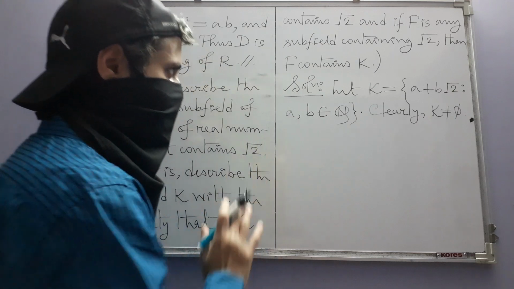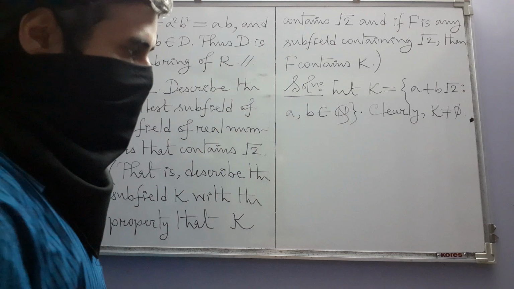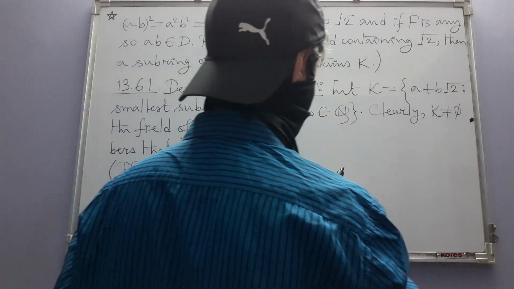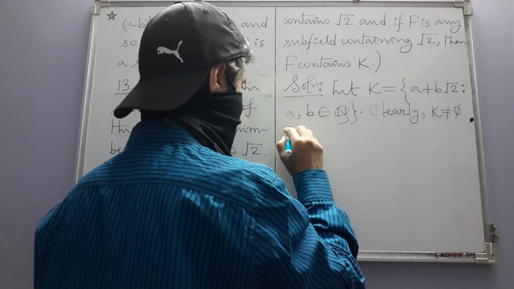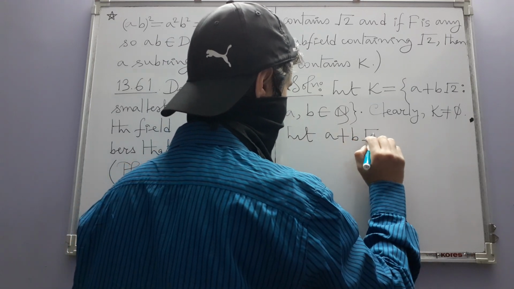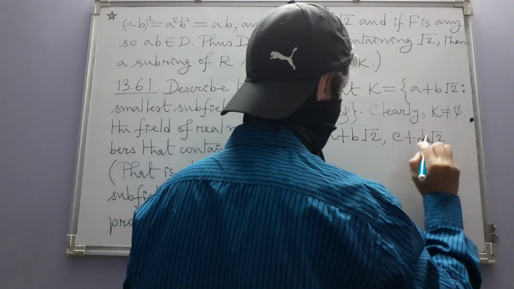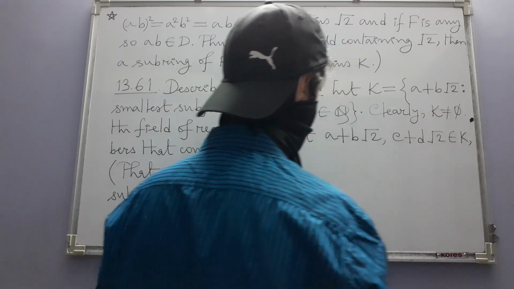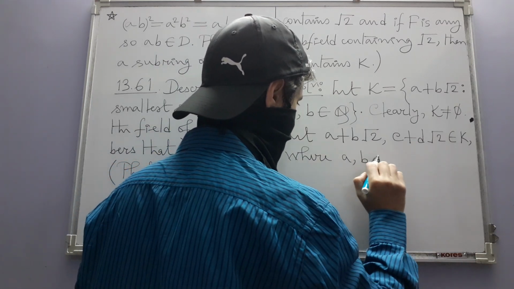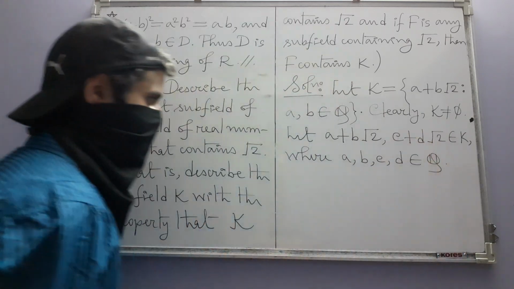Okay, so first of all, in order to show that K is a subfield, we need to show that it's a subring. So we have to go through that process that we went through just now, okay, with that thing D. So let a plus b root 2 and c plus d root 2 belong to K, where of course a, b, c and d, these are rational numbers.